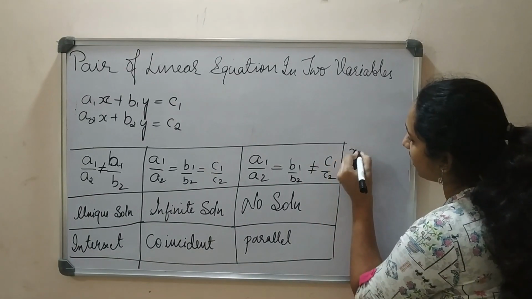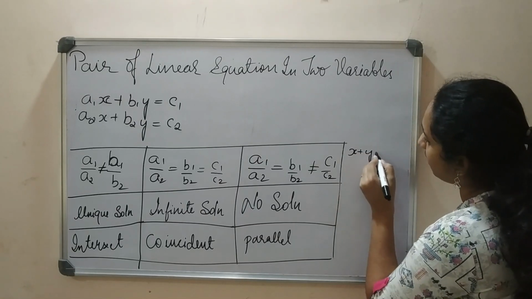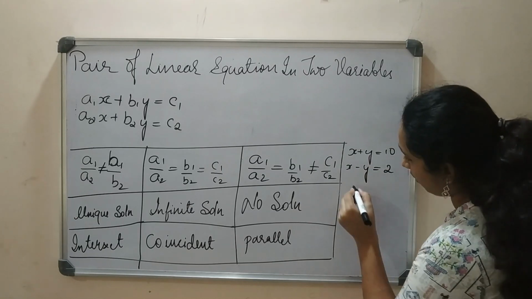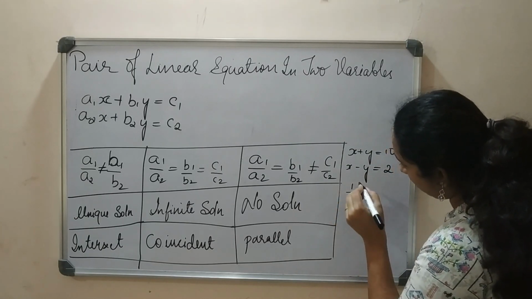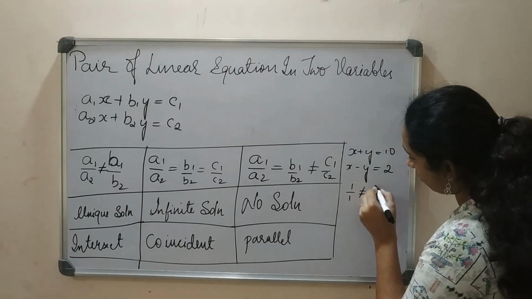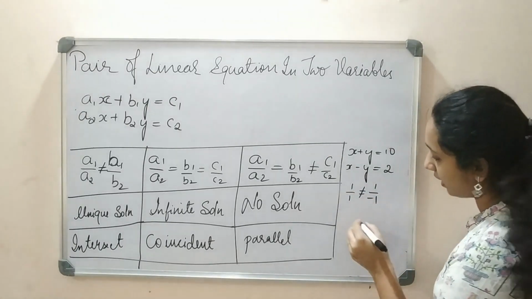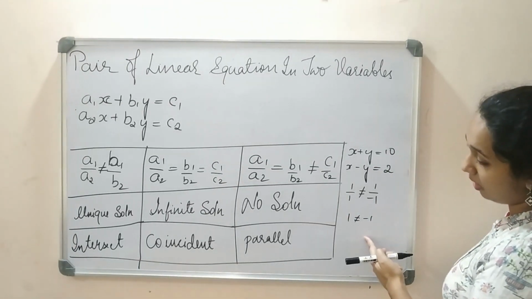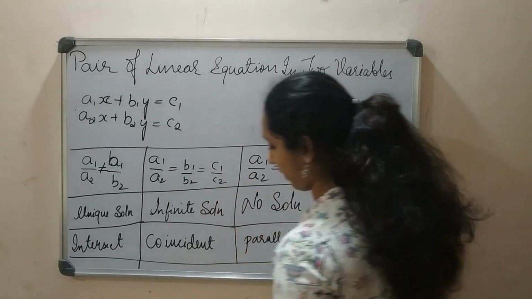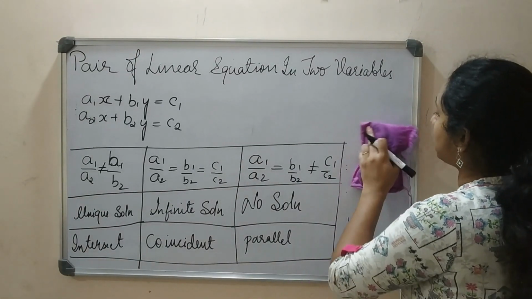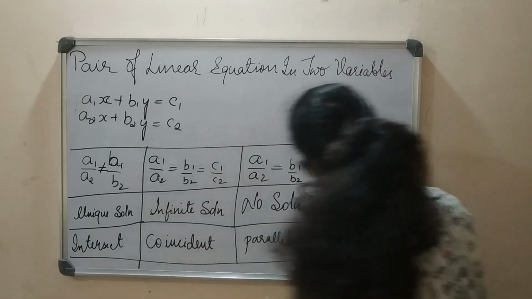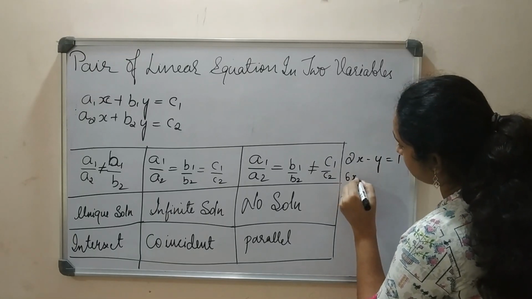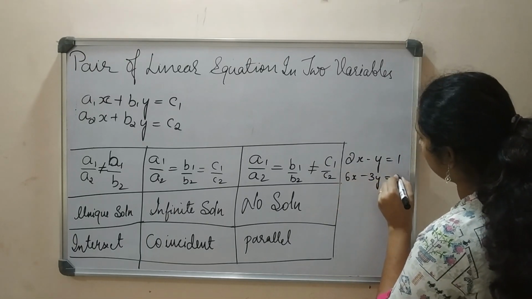What was the first category of equations I had? x + y = 10, x - y = 2. Now 1/1 is not equal to 1/-1, correct? I get 1 and -1, which are not equal, so the condition is satisfied. For the second pair of equations, 2x - y = 1, 6x - 3y = 3.